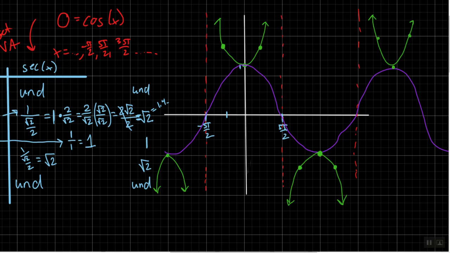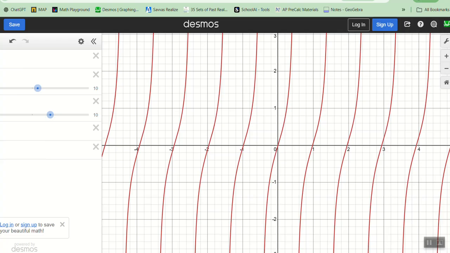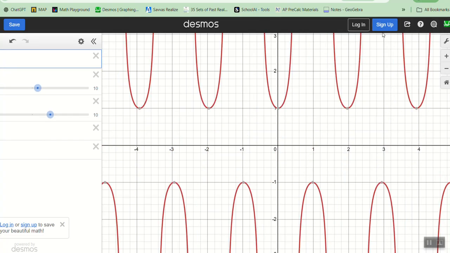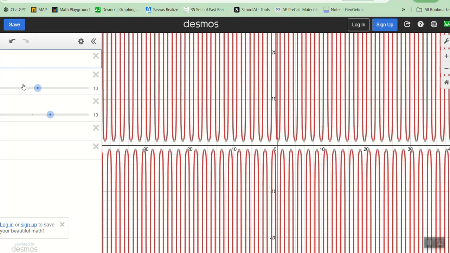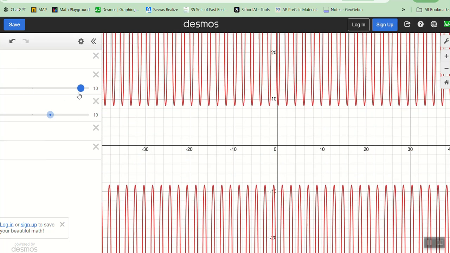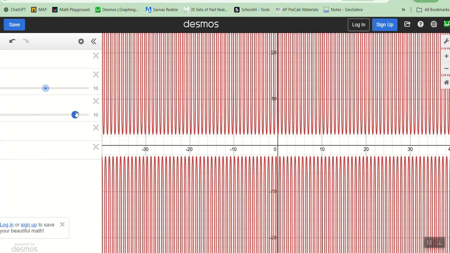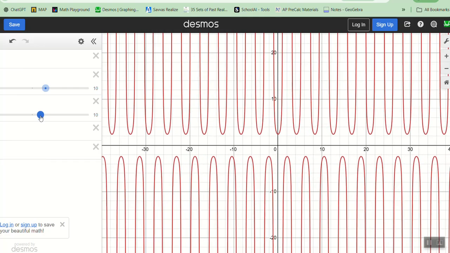If I go back to Desmos for a second, and I change this to secant, it looks like this. And it goes on and on and on forever. If I change A, changing it this way. If I change B, we're shrinking it, and then we're expanding, expanding, expanding.